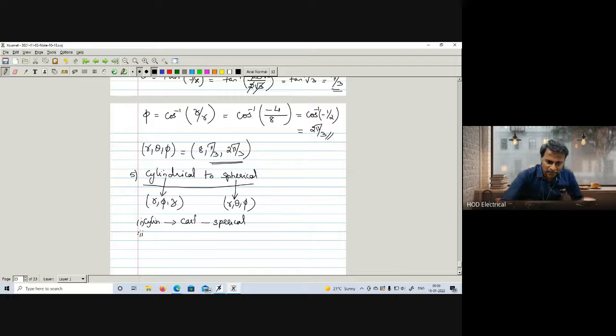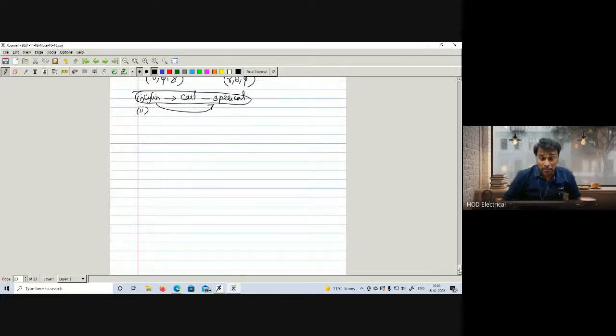And the second way, by using the conversion formulas, you substitute all the formulas and derive the formula to convert directly from cylindrical to spherical. Then you can do that. I am going to follow the first procedure, cylindrical to Cartesian, then Cartesian to spherical, so that you can easily understand how to convert cylindrical to Cartesian once again, and similarly Cartesian to spherical.